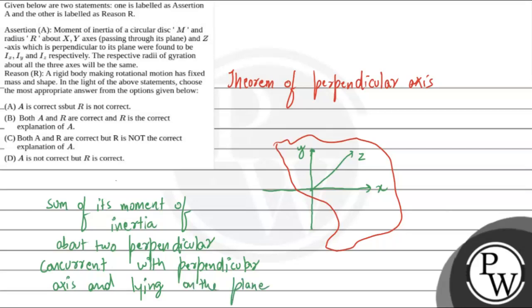So this is the theorem of perpendicular axis और हम इसको ऐसे शो करते हैं which is Iz equals to Ix plus Iy. यानी कि ये सम है दो perpendicular axis का which is concurrent to the other perpendicular axis. हम इसको ऐसे भी लिख सकते हैं Iy equals to Ix plus Iz और Ix equals to Iy plus Iz. Or this is possible because x, y and z are mutually perpendicular.